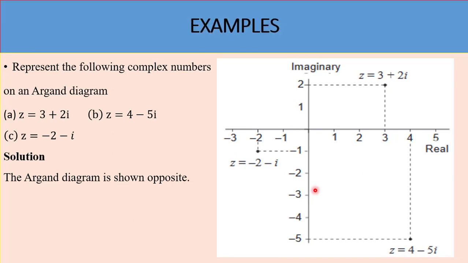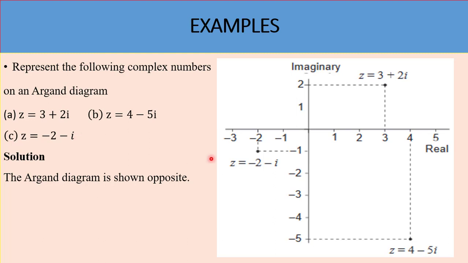Let's look at some examples on how we can represent some complex numbers in a complex plane. Represent the following complex numbers on an Argand diagram. We have a, z is equal to 3 plus 2i, b, z is equal to 4 minus 5i, and c, z is equal to minus 2 minus i.